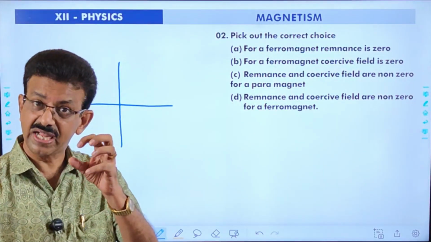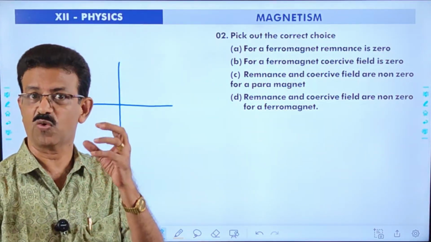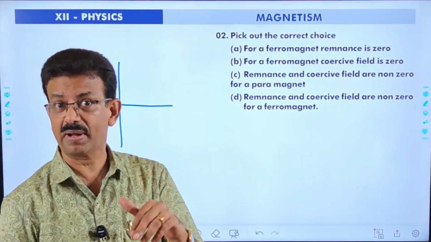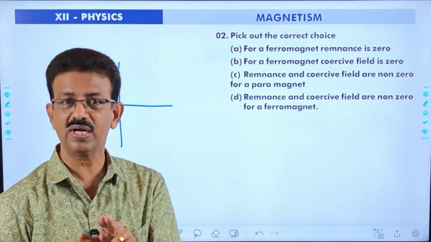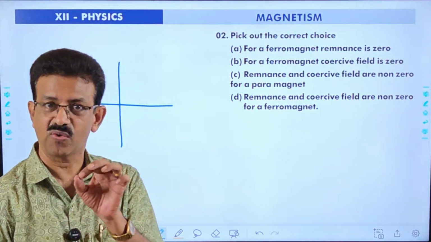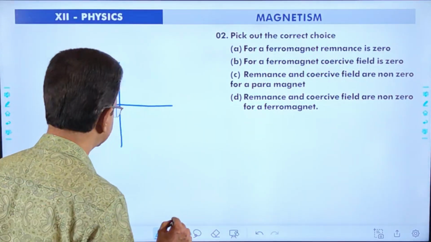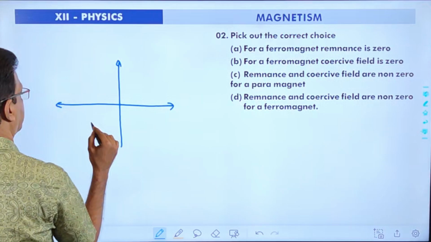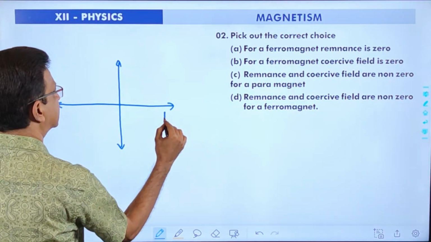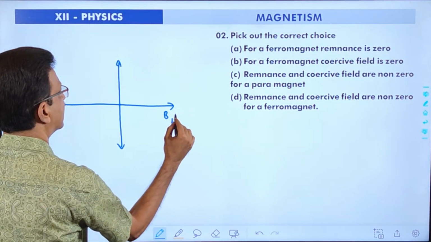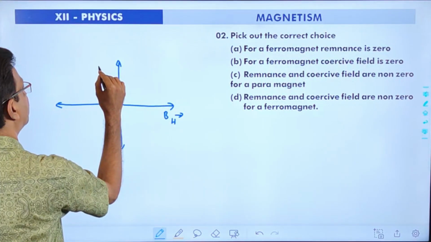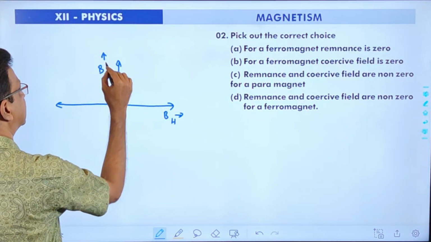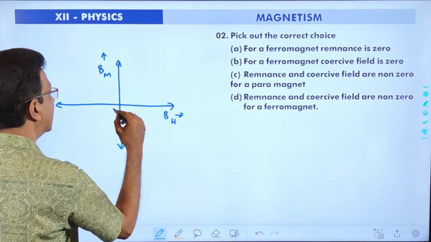The field strength received within the material is called magnetization, and the externally applied field so as to magnetize the given material is called magnetizing field. We are going to plot these two: the externally applied field along the x-axis and the magnetization along the y-axis.